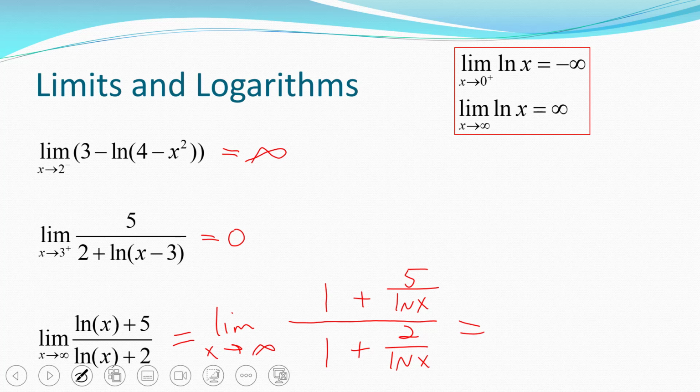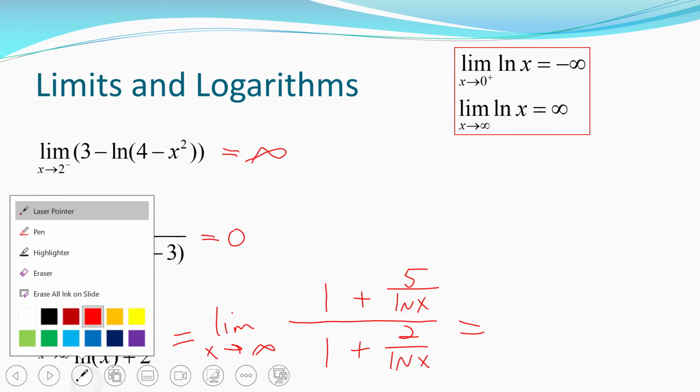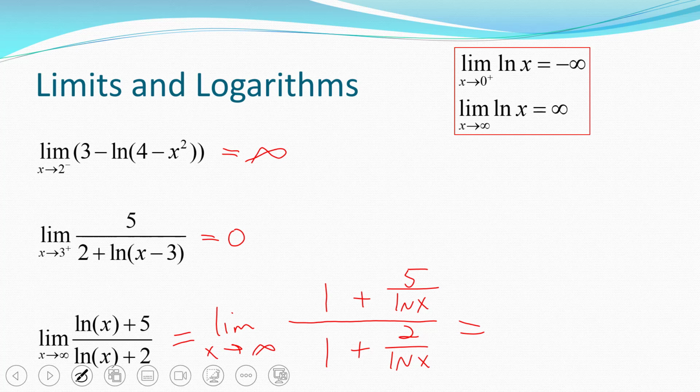And then by asymptotic analysis, this is going to 5 over infinity, that's 0. This approaches 2 over infinity, that's 0. You have 1 plus 0 over 1 plus 0. That limit then in the end is going to be 1. And that's the answer. Pretty simple, right?